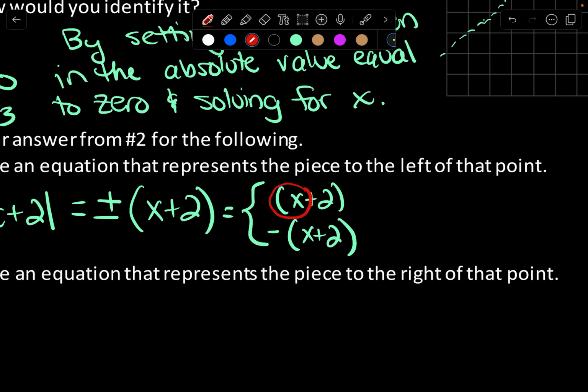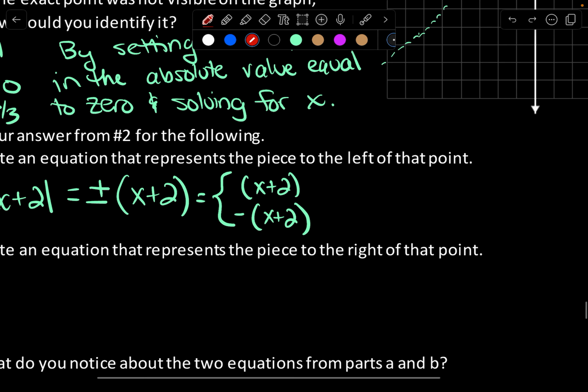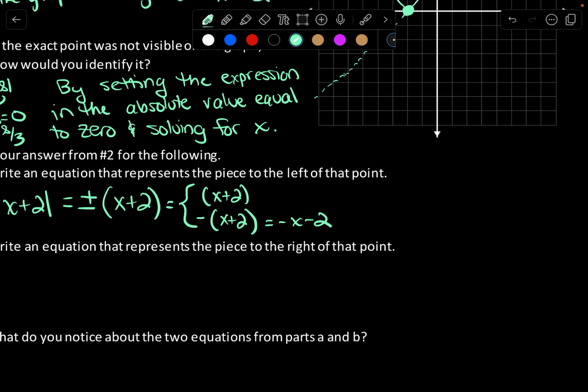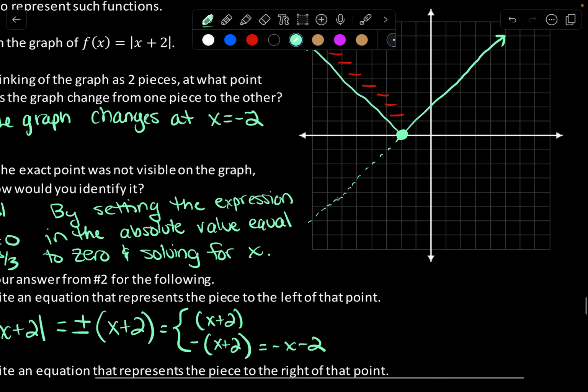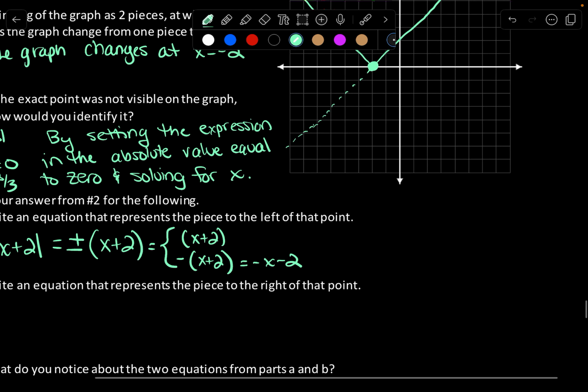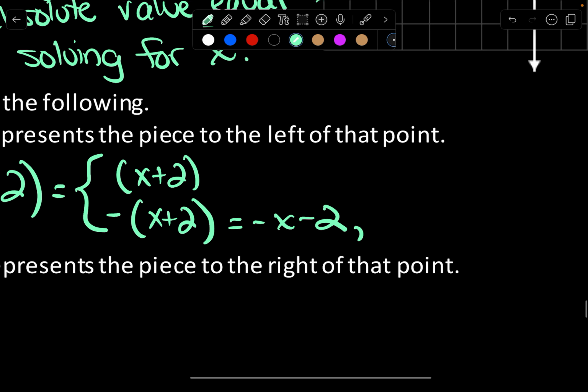This one doesn't have a negative slope, it's positive. But for this one, if I were to distribute that -1, that would give me -x minus 2, okay? So I can see that negative slope. Now this only happens up to x is equal to -2. All right, so I'm going to set my domain restriction as x is less than -2.